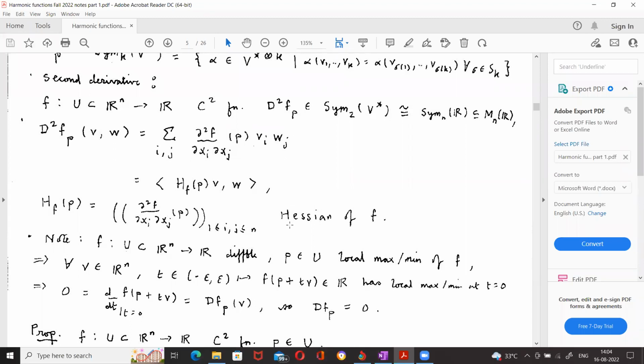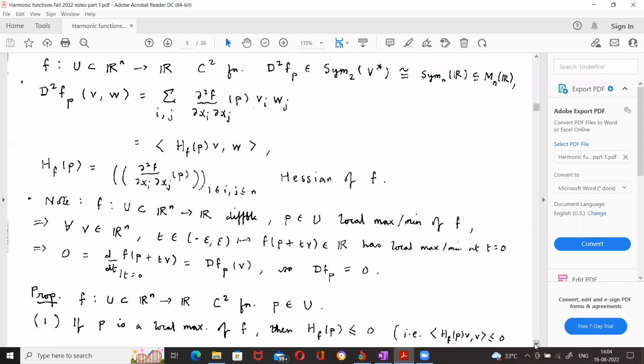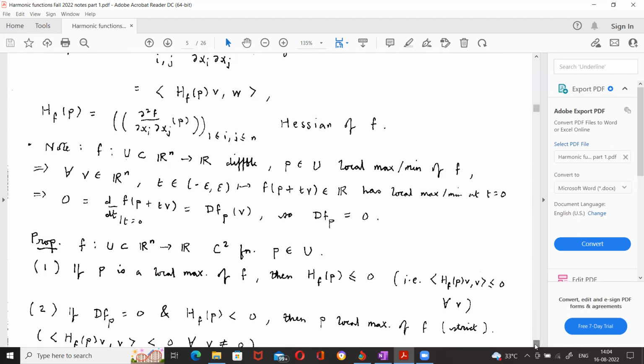So if you like, this arises from the identification, when you have an inner product space, between symmetric bilinear forms and self-adjoint linear maps. Okay. And then we saw that the second derivative test generalizes to higher dimensions.